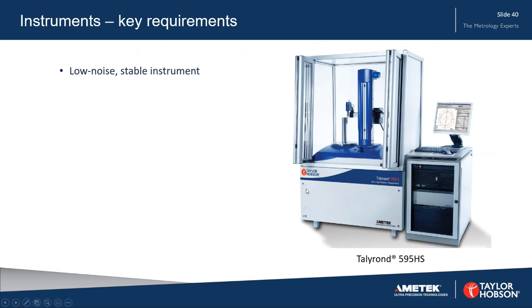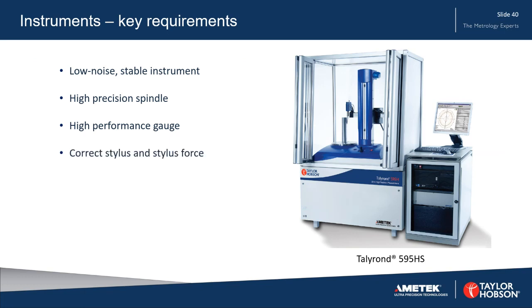In this particular case, the instrument shown on the right has active anti-vibration, and it has a very, very stable frame, able to measure harmonics very accurately. We need a high precision spindle to rotate the sample, and a high performance gauge, able to cope with the higher harmonics. And we need to use the correct stylus and the stylus tip and the correct stylus force.